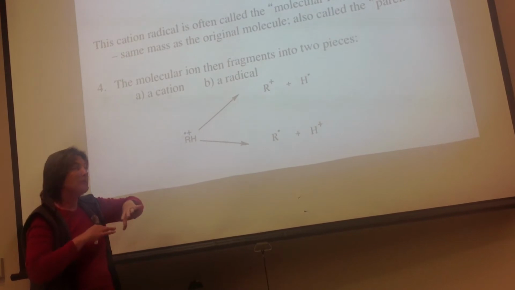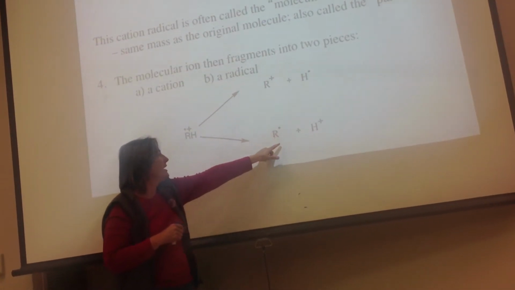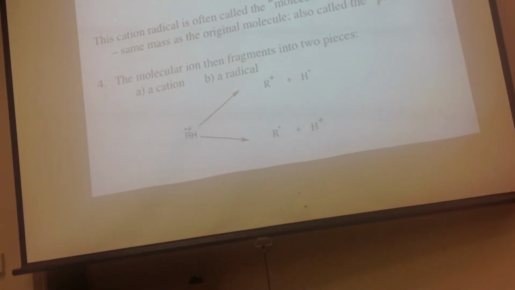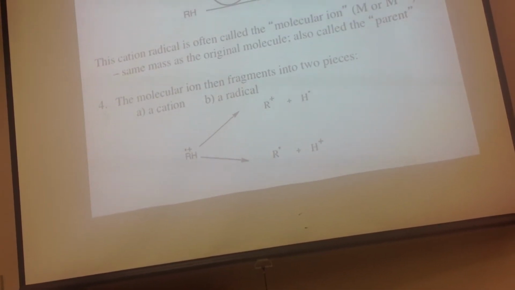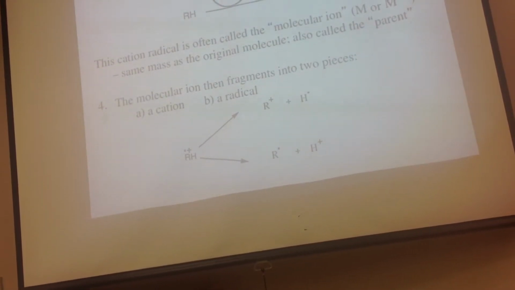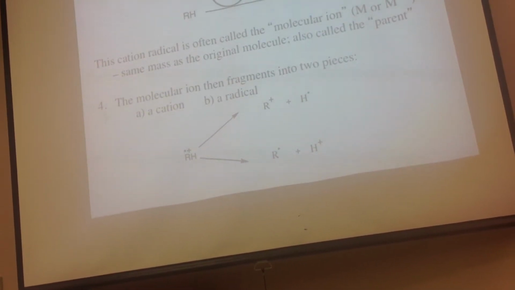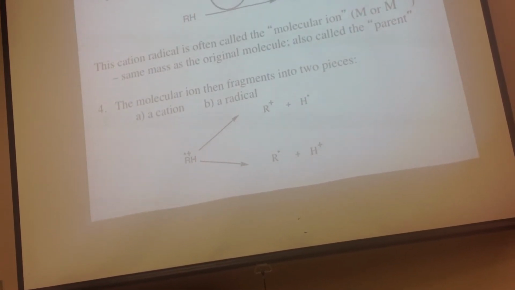The other way it could fall apart is where the alkyl group gets the radical, and the hydrogen gets the positive charge. And so we're going to see peaks in our mass spec that sometimes correspond to both ways of fragmenting. Okay, so we'll say, well, in one case an ethyl came off as the carbocation, and in some cases the ethyl will come off as the radical.